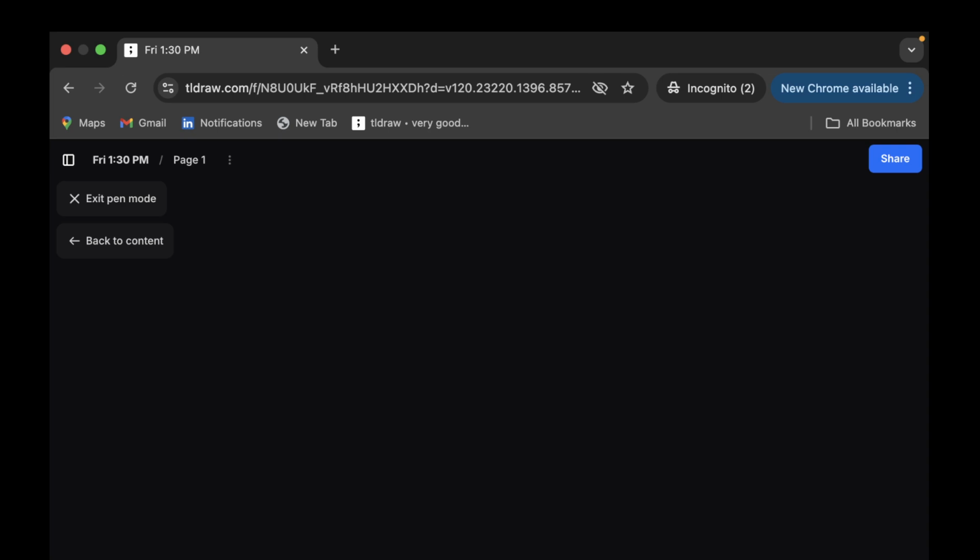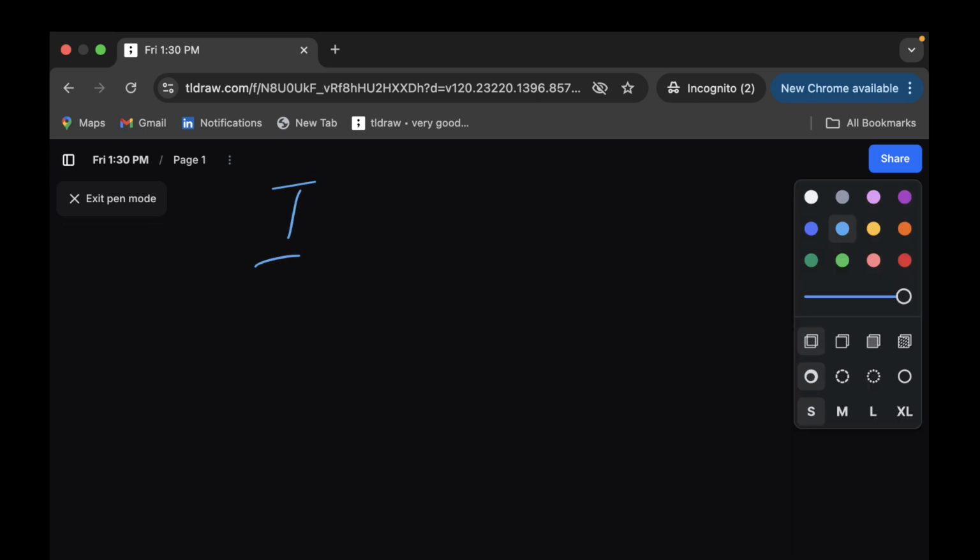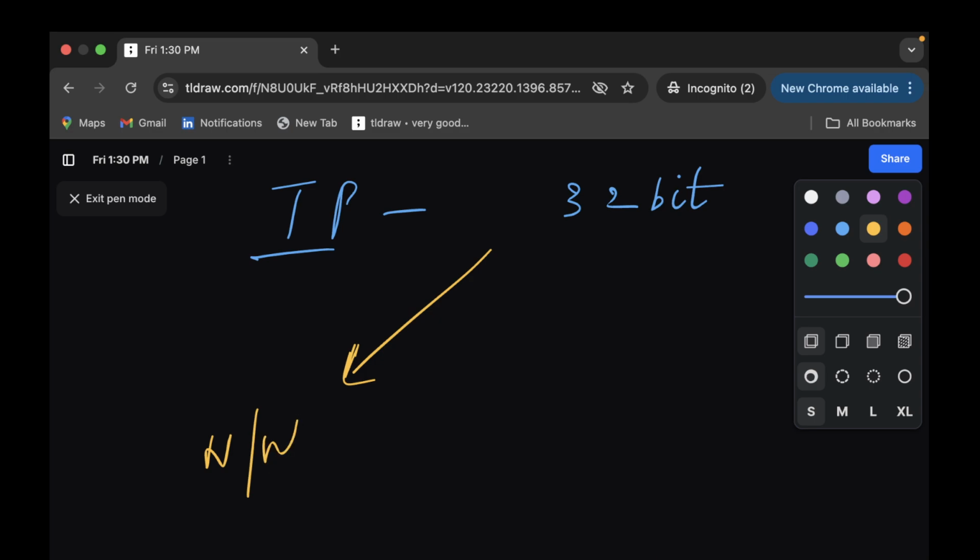Even in classful addressing there is something called an IP address. The whole analogy is that we split the IP address, which is a 32-bit address, into two parts, such that one is my network and the other is my host.